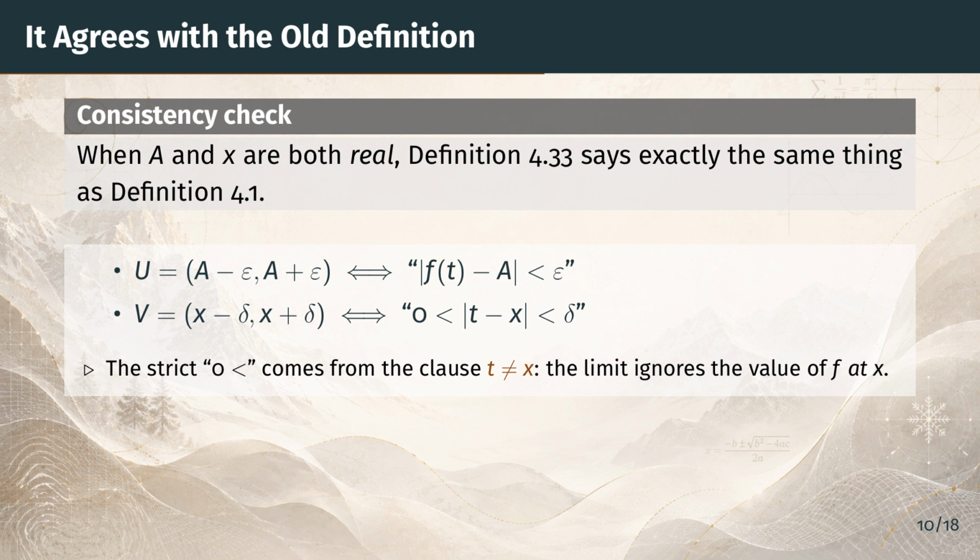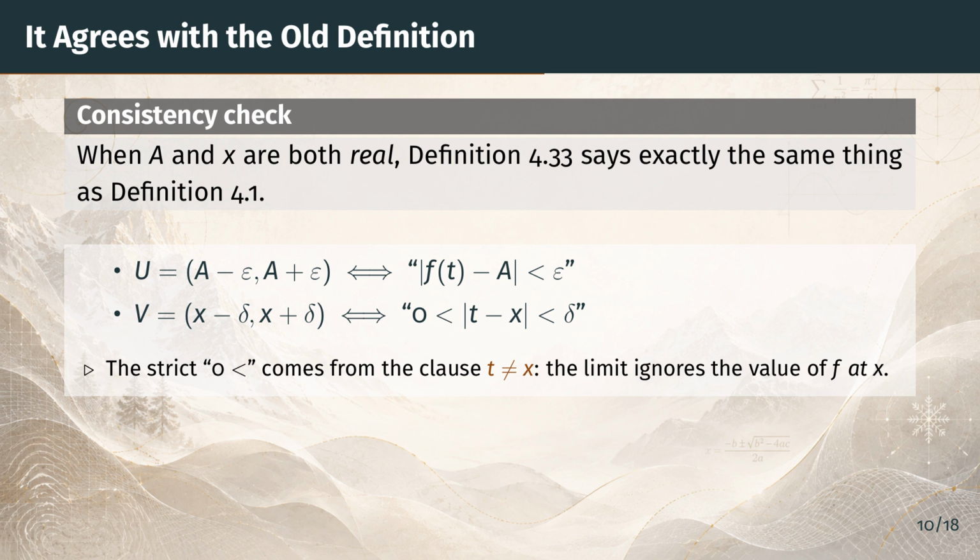Likewise, a neighborhood V of x is an interval of radius delta, so requiring t in V with t not equal to x is exactly the condition 0 less than the distance from t to x less than delta. As the note at the bottom of the slide stresses, that strict 0 on the left is precisely the requirement that t is not equal to x. The limit ignores the value of f at x itself.